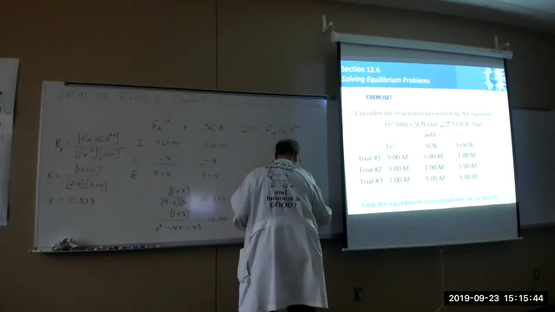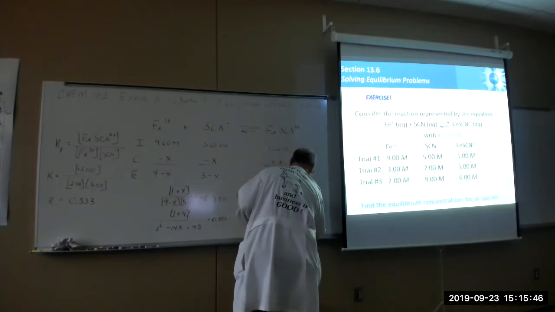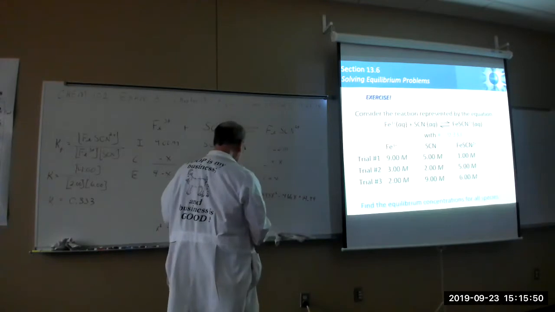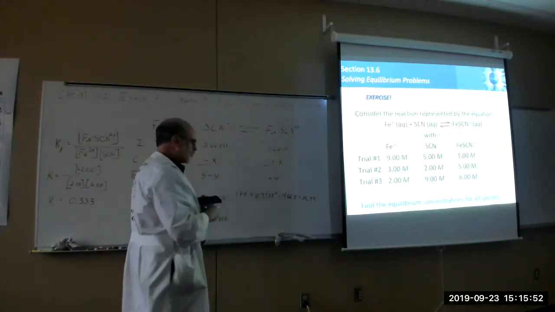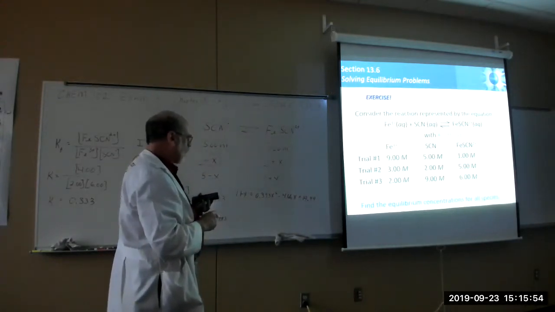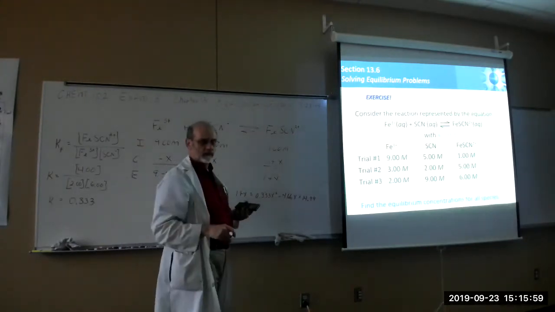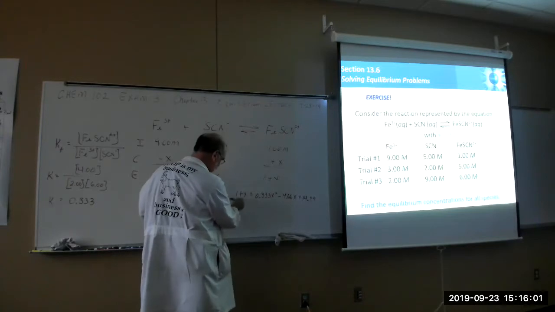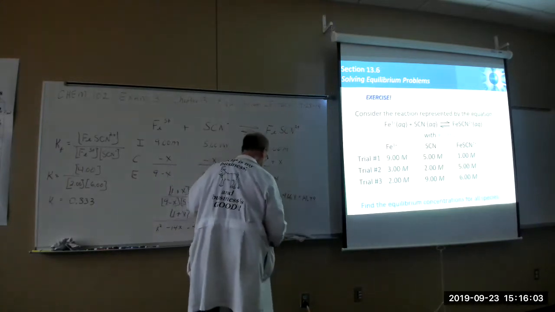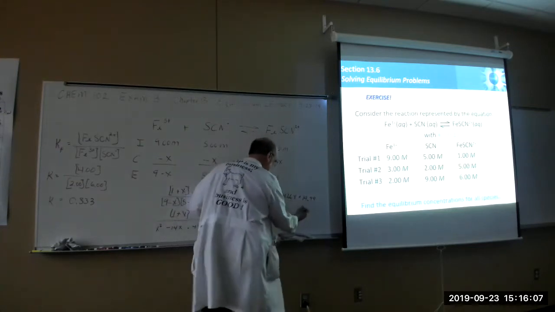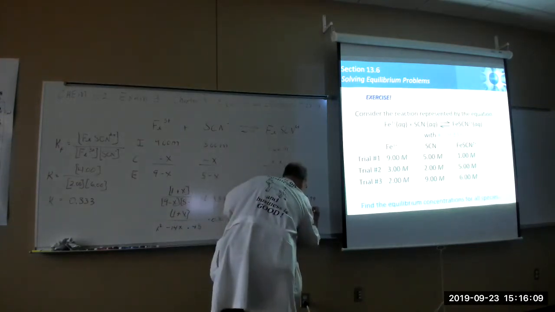Now, in order to solve a quadratic, the quadratic has to be equal to 0. So that means this whole amount has to go on that side. So this 1 becomes a negative 1 and reduces this one by 1, right?